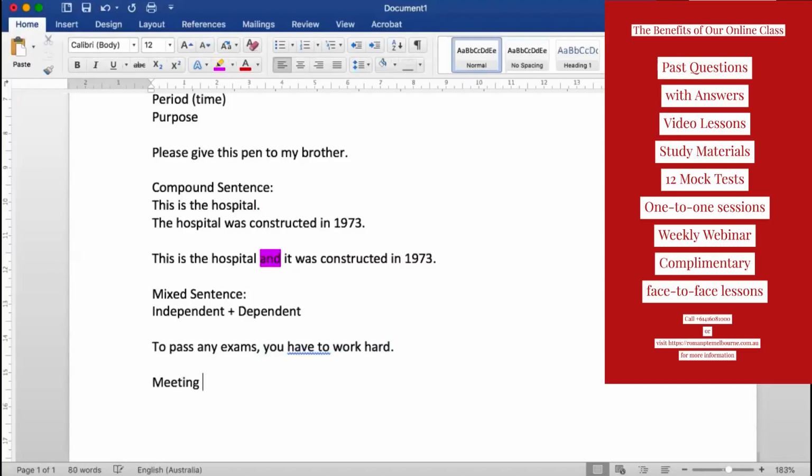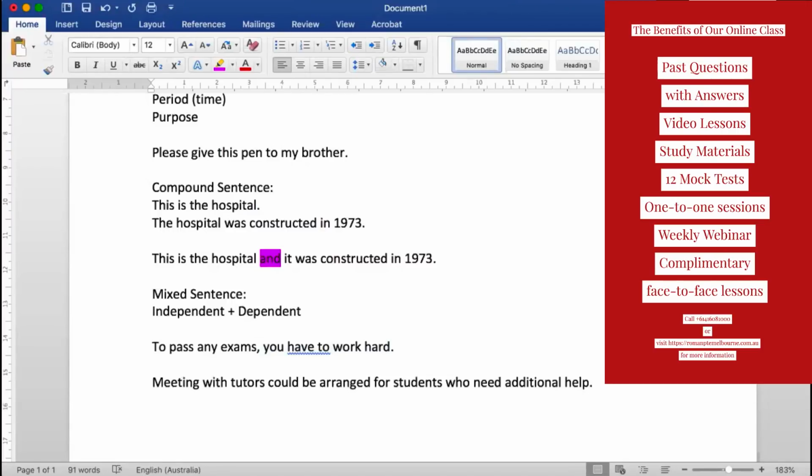So the sentence is, meeting with tutors could be arranged for students who need additional help. So I can easily remember and write this sentence without making any mistake.